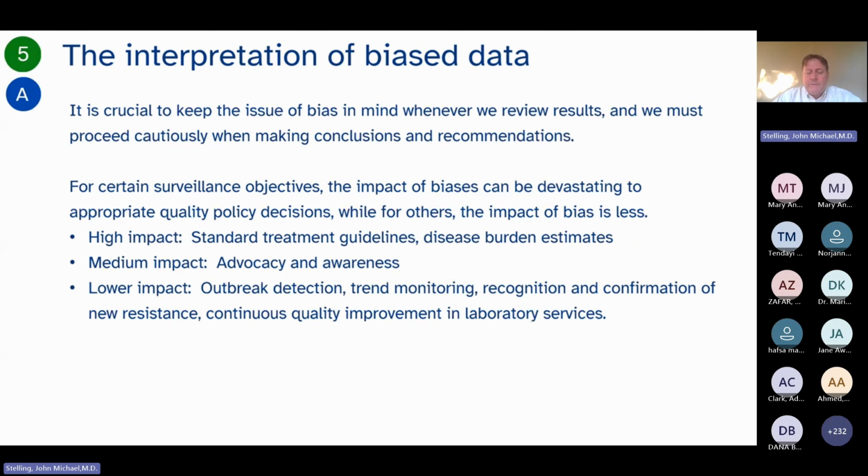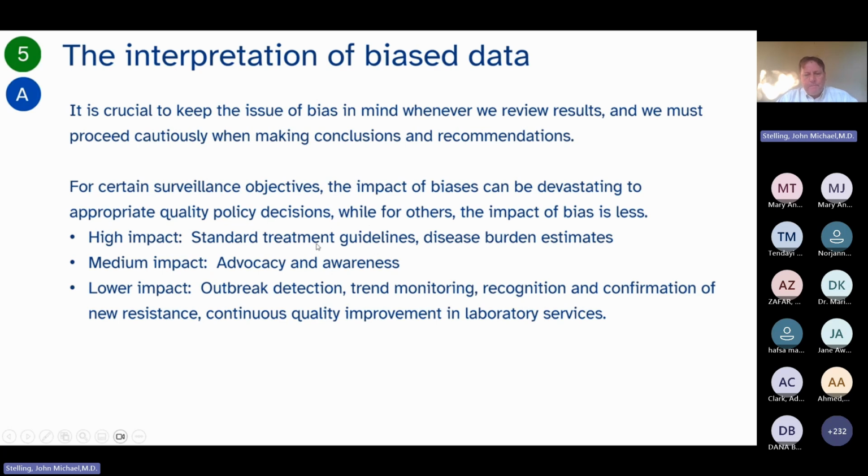For certain surveillance objectives, the impact of biases is devastating, but for other uses, the bias is not so important. High impact: if you are trying to do disease burden estimates, you cannot have a lot of confidence in routine clinical data because the majority of patients do not get sampled.